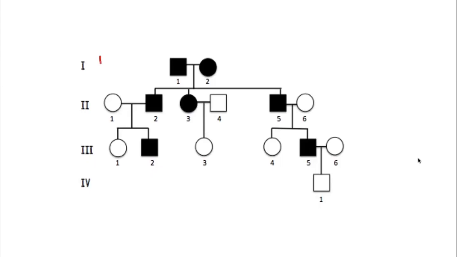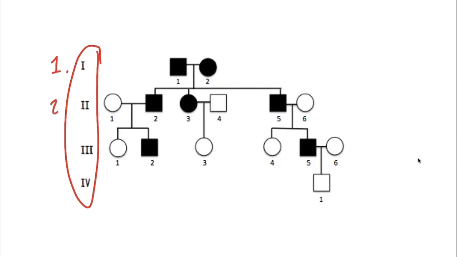All right, so these over here, those Roman numerals, this is obviously 1, 2, 3, and then 4. And this stands for the different generations. So these top guys are considered generation 1, 2, 3, and 4.